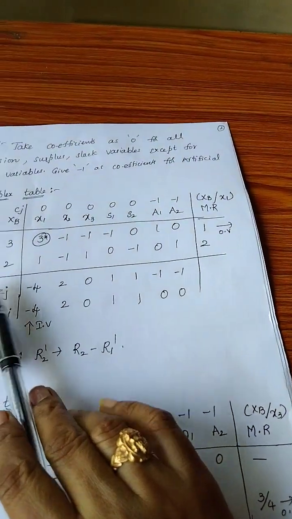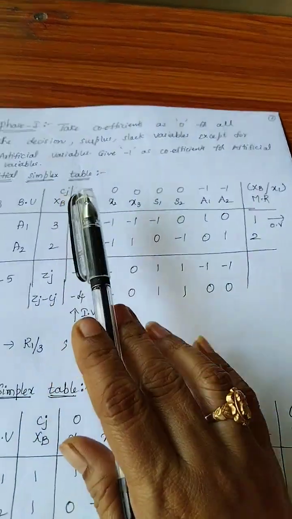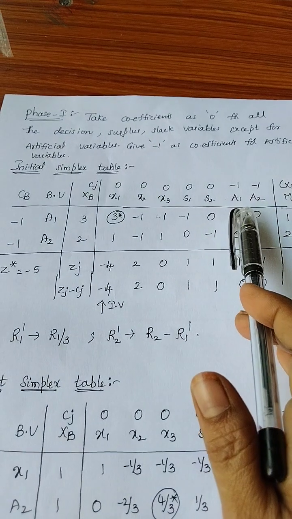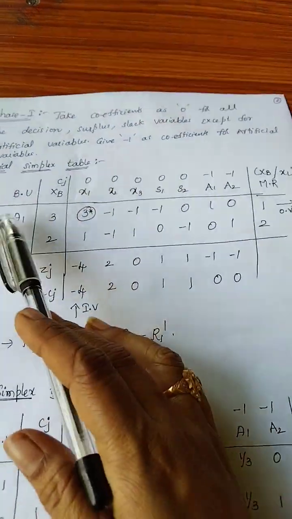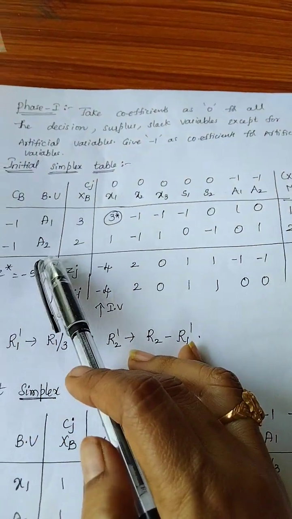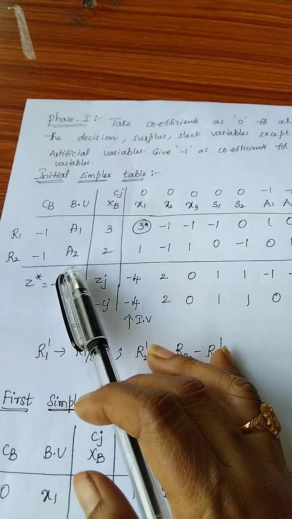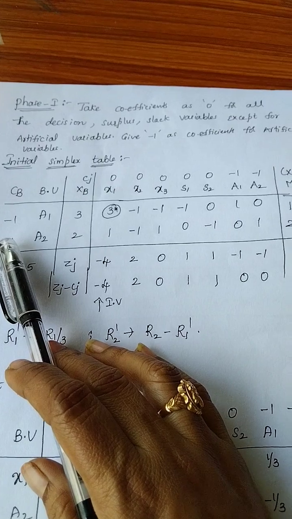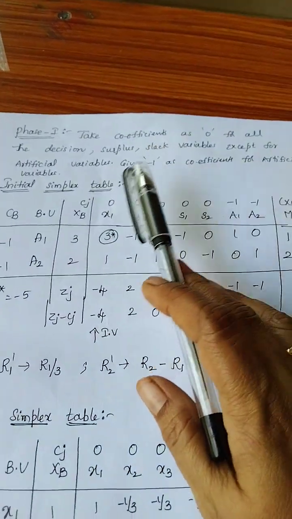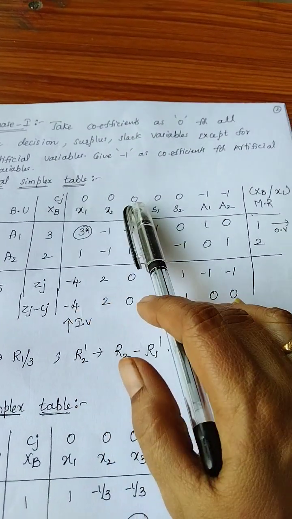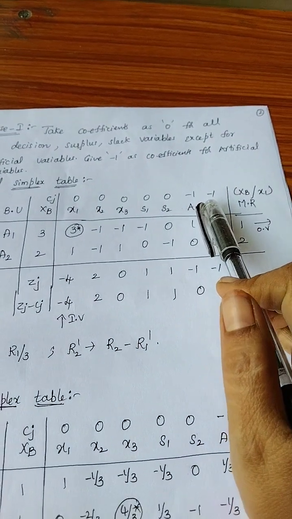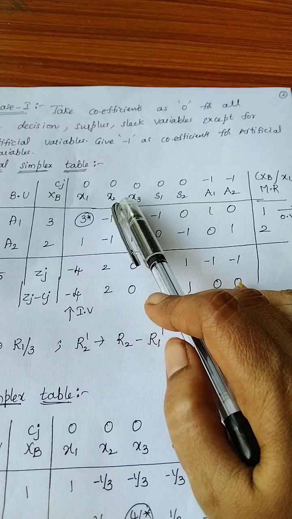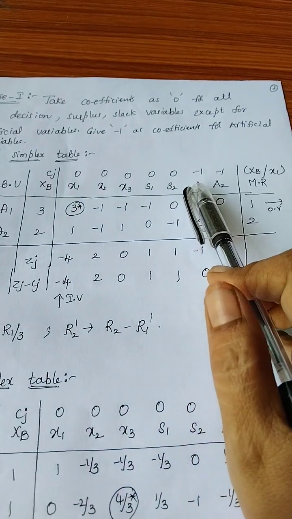The proforma is the same: CB, basic variables, XB, X1, X2, X3, S1, S2 and A1 and A2. I already told you the basic variables are nothing but a1 and a2. The coefficients we have taken as -1 for both, and for cj values except for the artificial variables in phase 1 you have to give zeros.